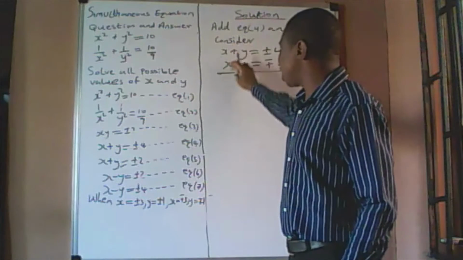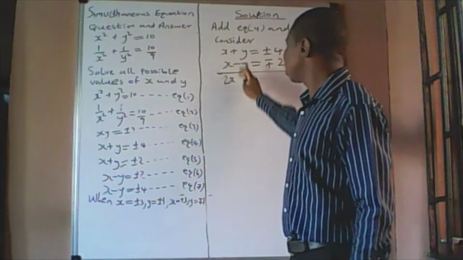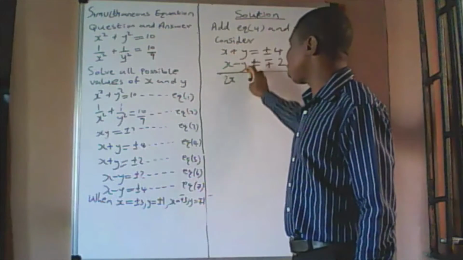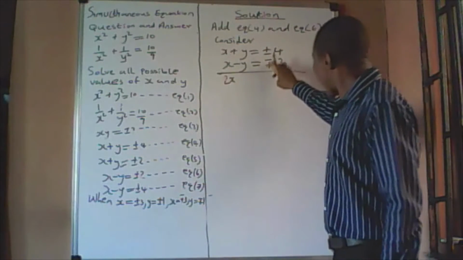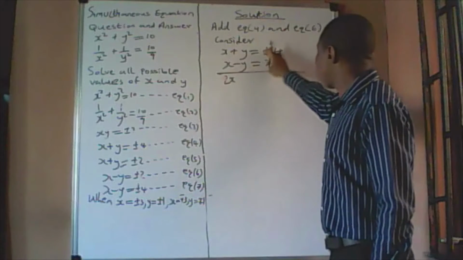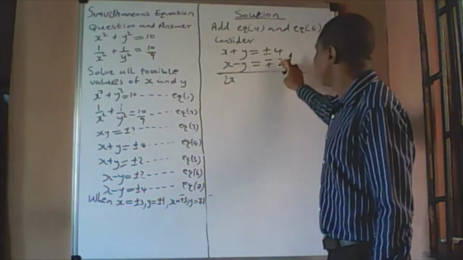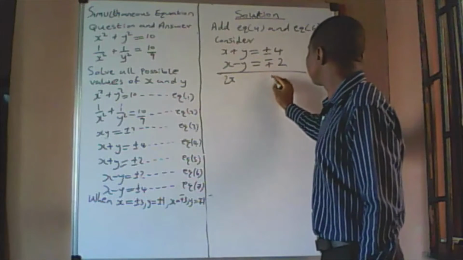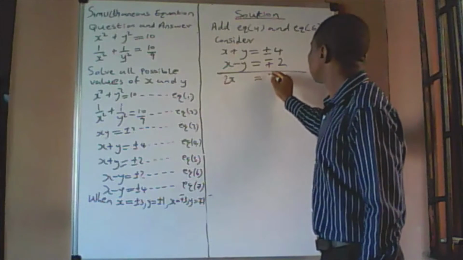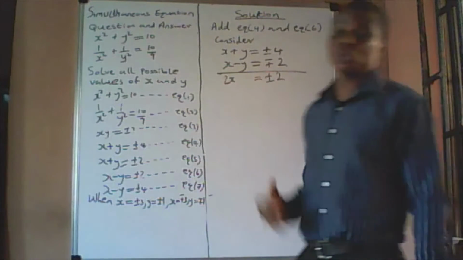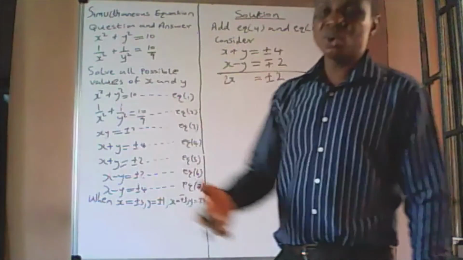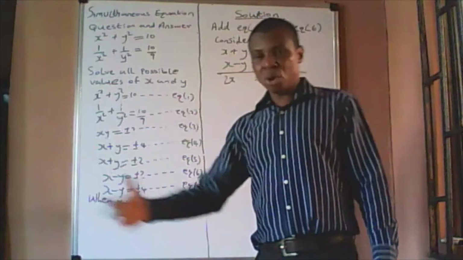X plus x will give us 2x, plus y plus minus y will give us 0. Then plus 4 minus 2 will give us plus or minus 2, because plus 2 minus 2 is plus 2.